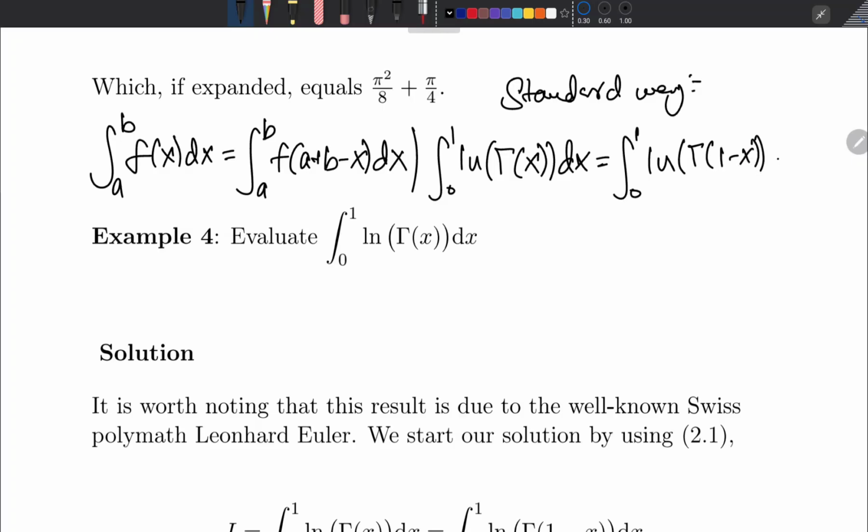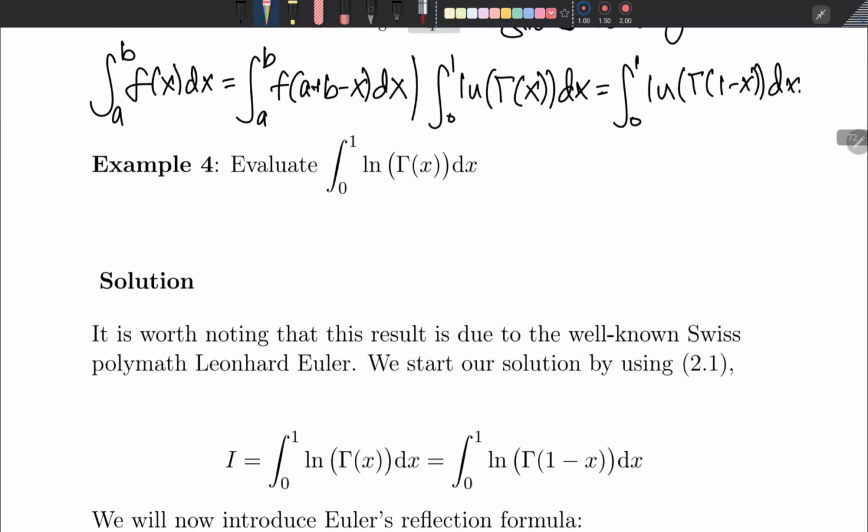And whenever you see gamma of x and gamma of 1 minus x simultaneously, what you have to do is use Euler's reflection formula.